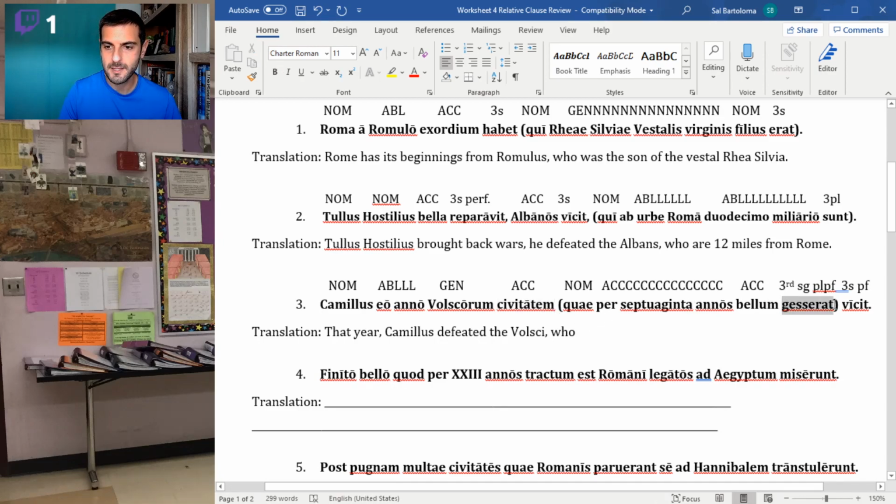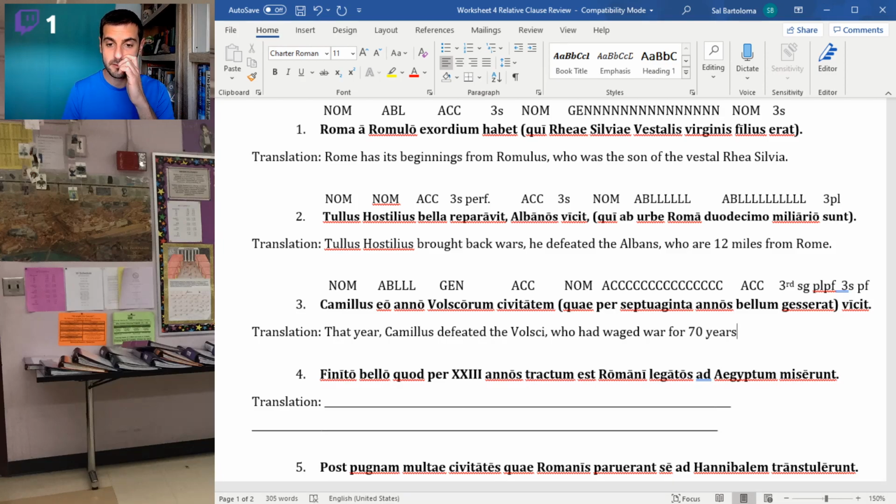Who gesserat, who had waged bellum, war, of course. Now this is something that in earlier Latin you're not going to have this word per. In earlier Latin they would just say Septuaginta annos. They started using per later on. So waged war for 70 years.